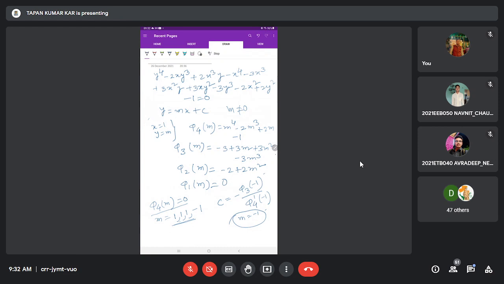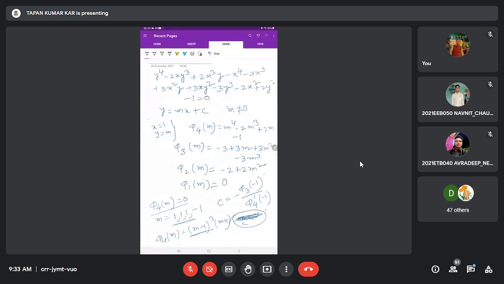Here phi 4 of m equals m minus 1 whole cube into m plus 1, because three roots are repeated, 1, 1, 1. So if you differentiate this phi 4, still there will be a factor m minus 1 whole square, that is, at 1 this equals 0.